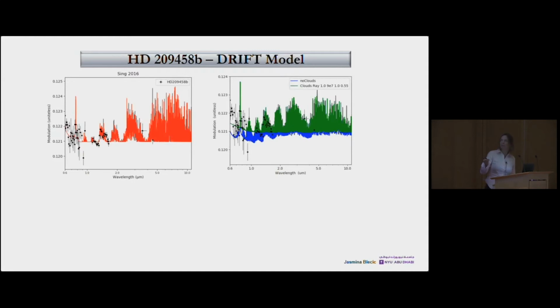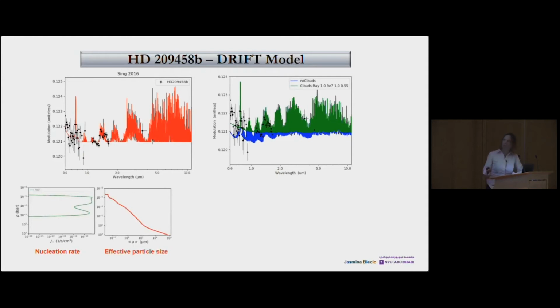The spectra are very similar to the Singh et al. model, but thanks to the self-consistency of our model, we can also produce the location of where the nucleation rate is highest, or where the nuclei are mostly formed. Then we also produced the effective particle size, which changes as we go deeper in the planetary atmosphere.